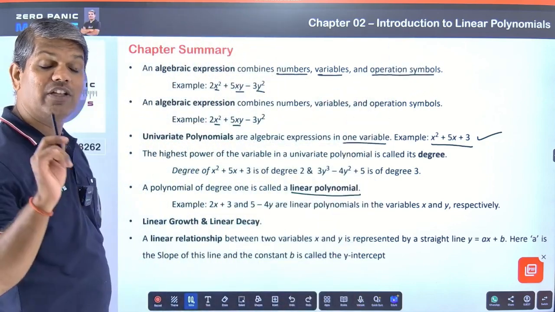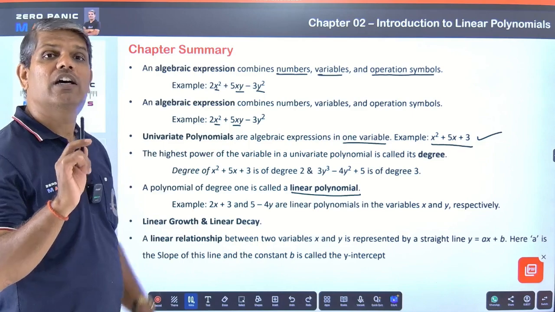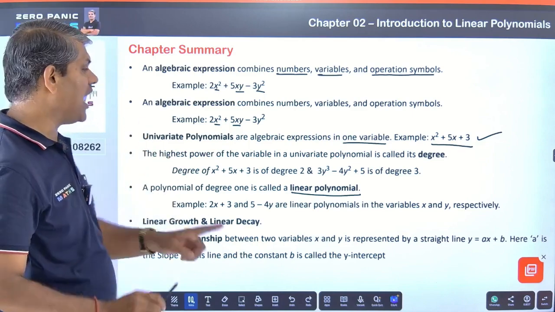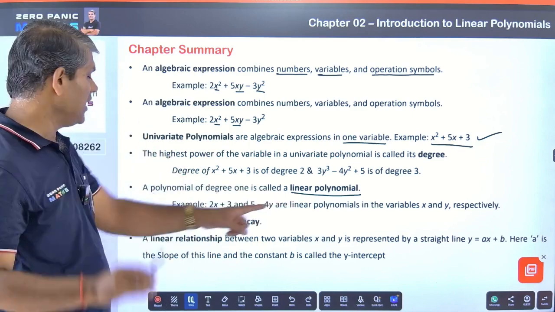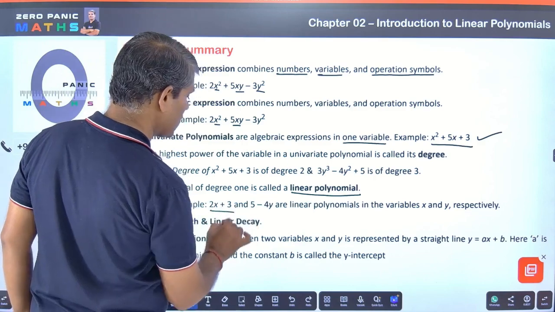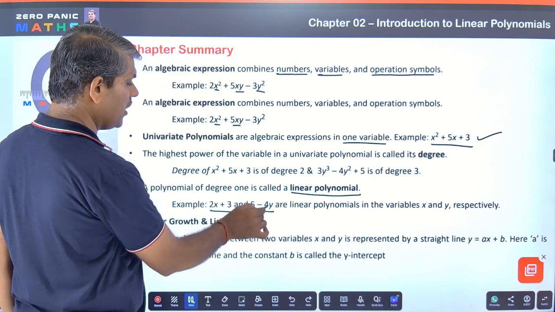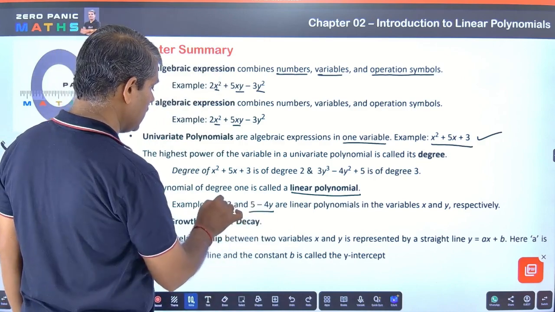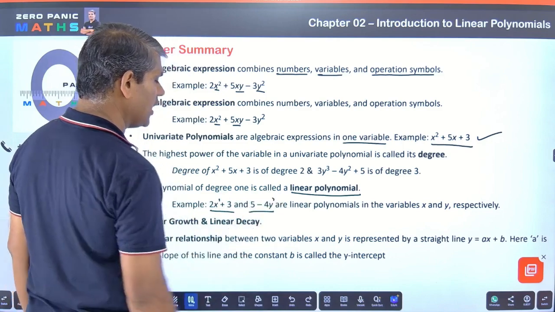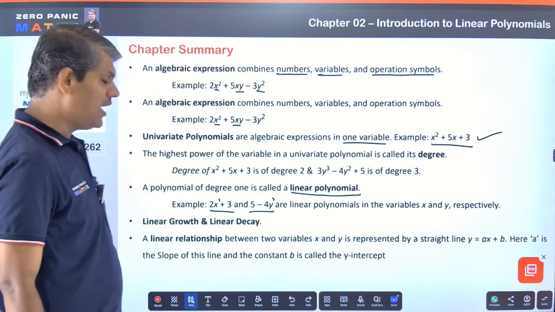We are dealing with only such polynomials wherein the highest power of the single variable existing in it has 1 as the degree. Examples of such linear polynomials are 2x plus 3, 5 minus 4y. Here it is the x variable, here it is the y variable, but if you see the polynomials, the degree of that polynomial is 1 only. These are the linear polynomials in x and y respectively.